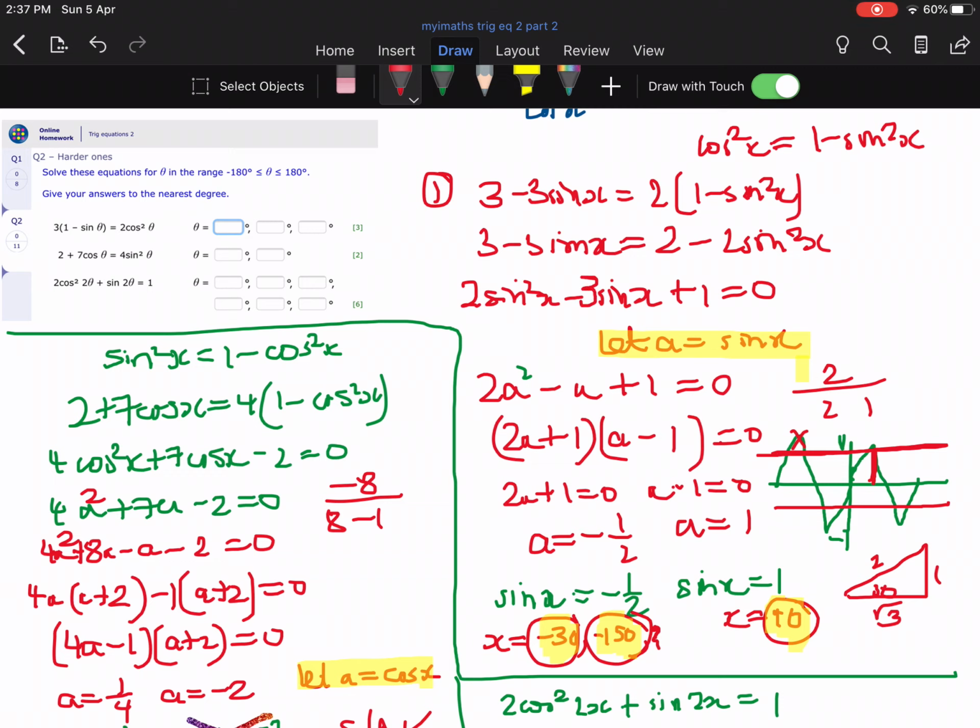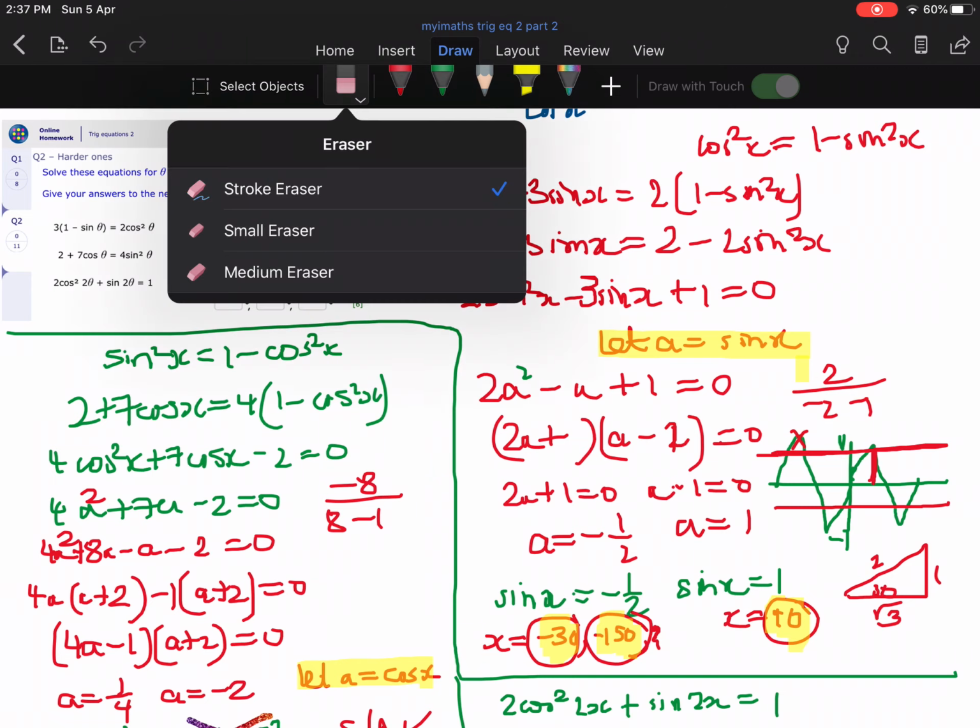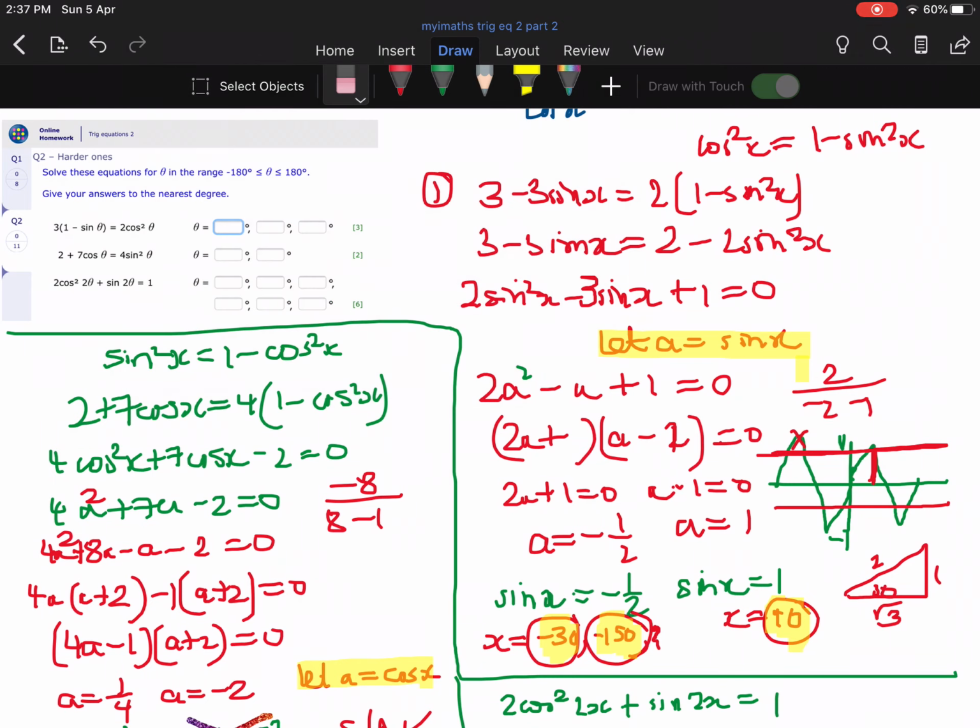So what multiplies to make 2? So that should be negative and negative. So that means that that should be negative 2. That would give me negative 4. No. So let's reverse it.